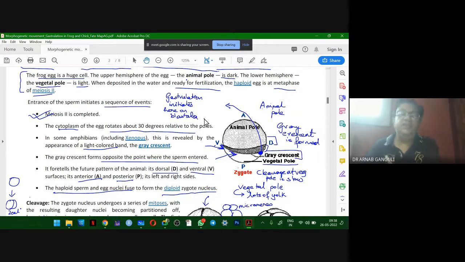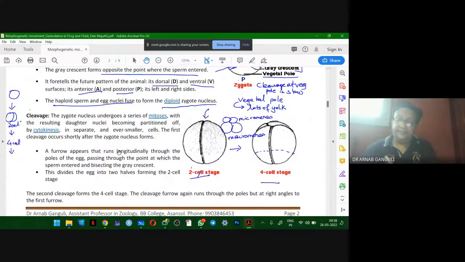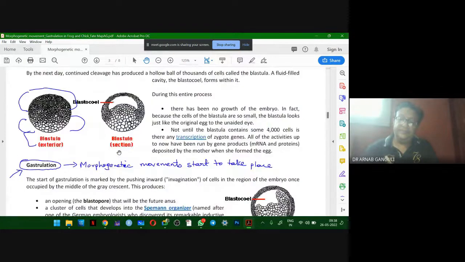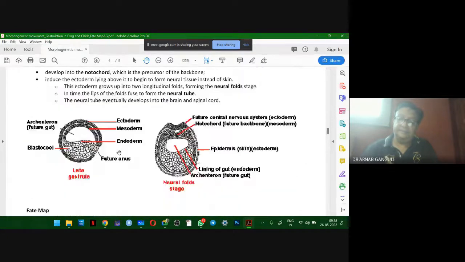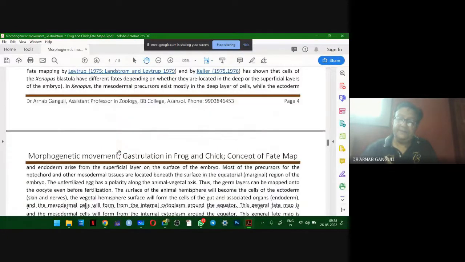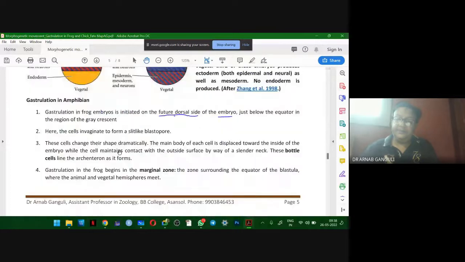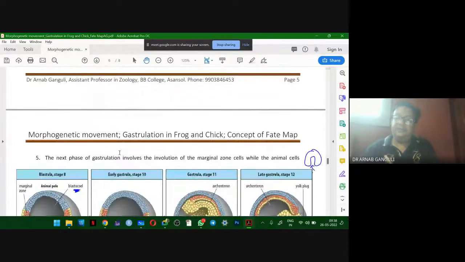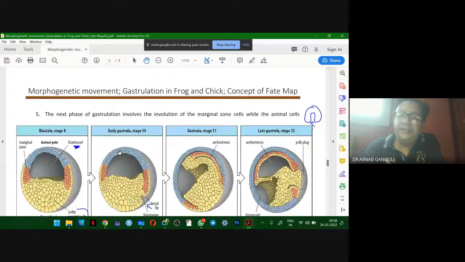This is the zygote which you are seeing. We will cover the fate map next day, but today we will see the overview of development, gastrulation, blastulation.